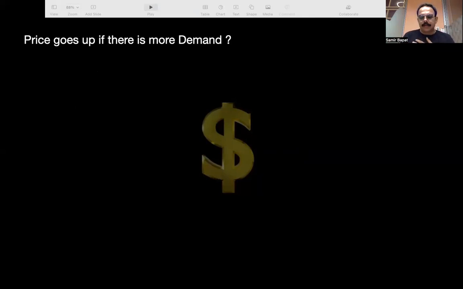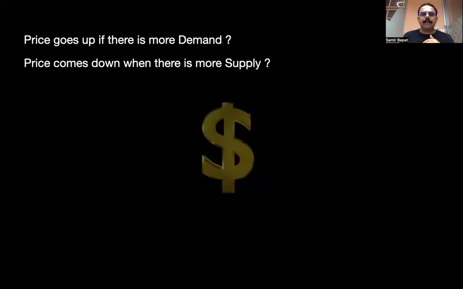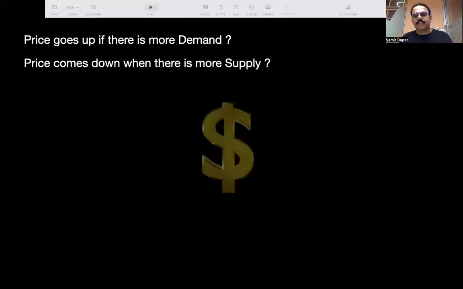Then prices will come down when there is more supply. Correct. This is also a statement we have studied in our standard, I think, when we were in 9th, 10th standard. This basic structure was taught to us that if the demand is more, the prices will go up. If the supply is more, the prices will come down.